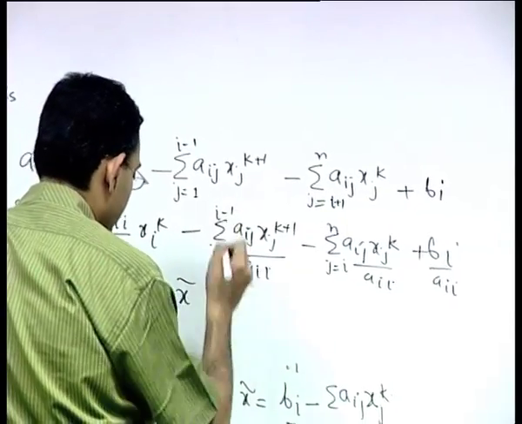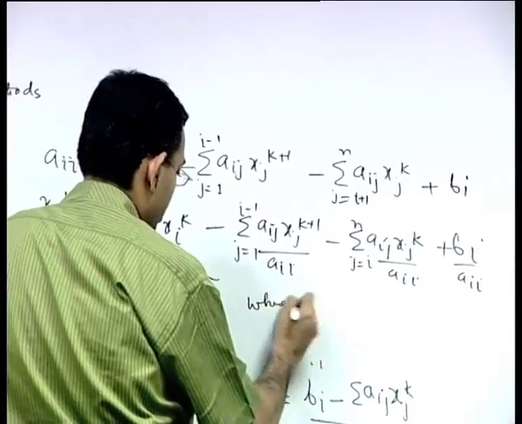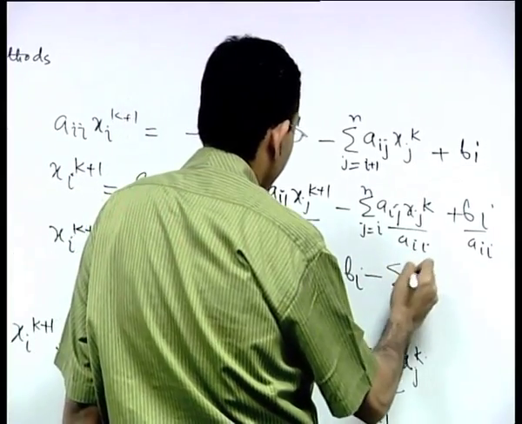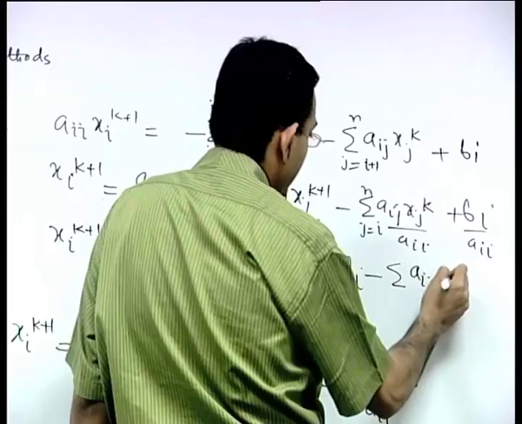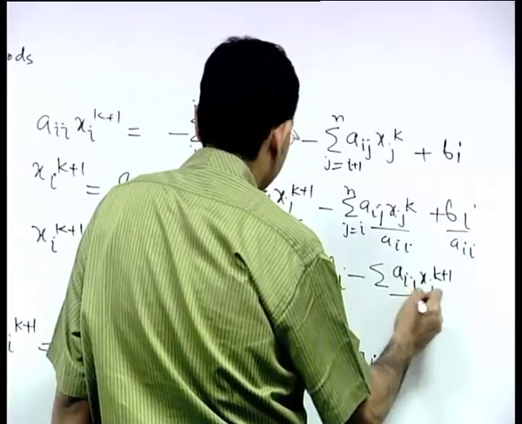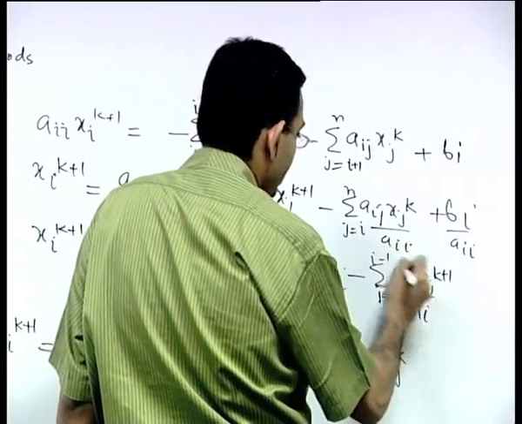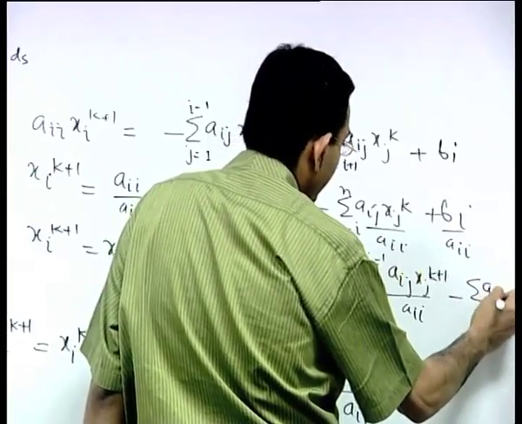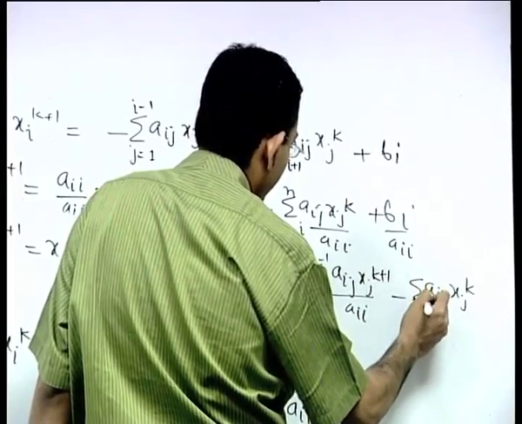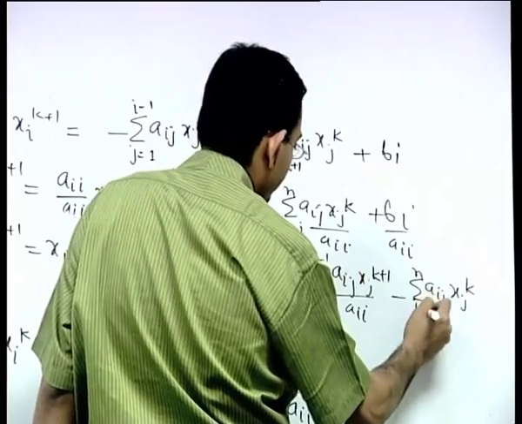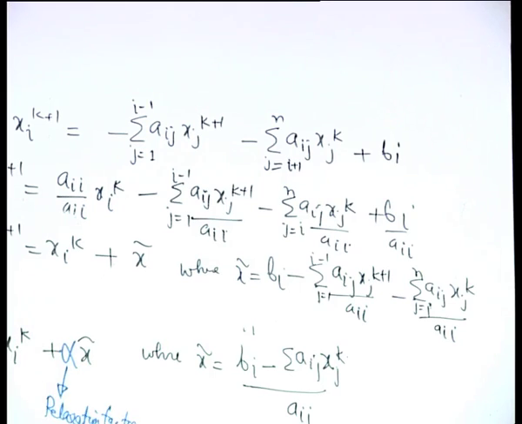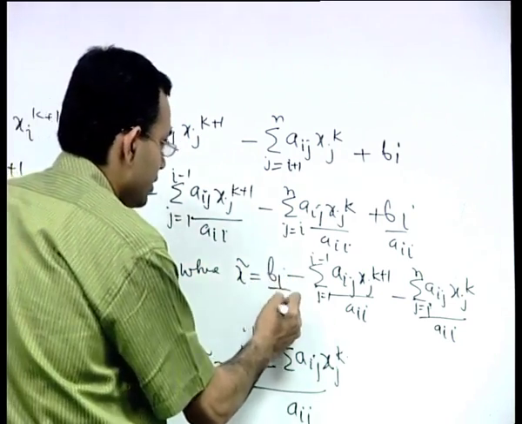Plus x tilde, where x tilde is equal to bi minus summation of aij xj k plus 1 by aii, j is equal to 1 to i minus 1, minus summation of aij xj k, j is equal to i to n, by aii, plus bi by aii also, right.